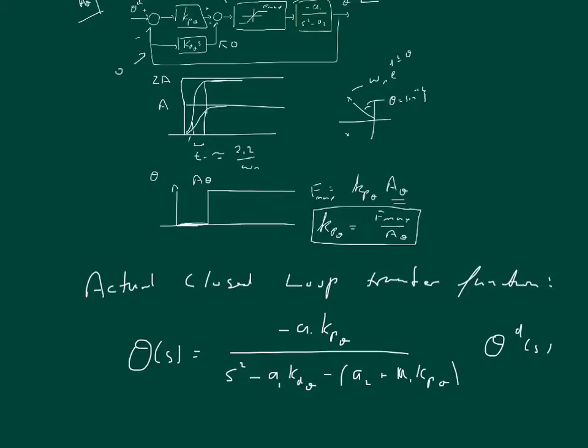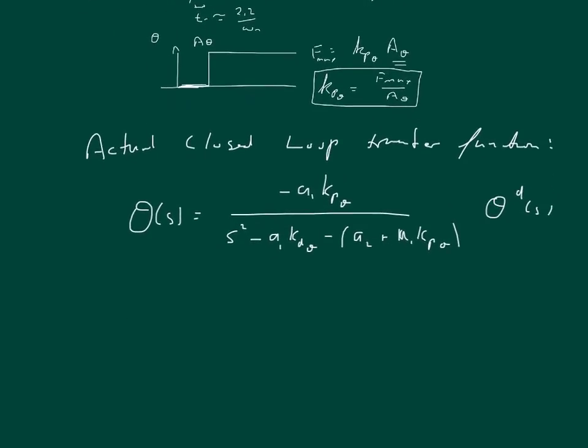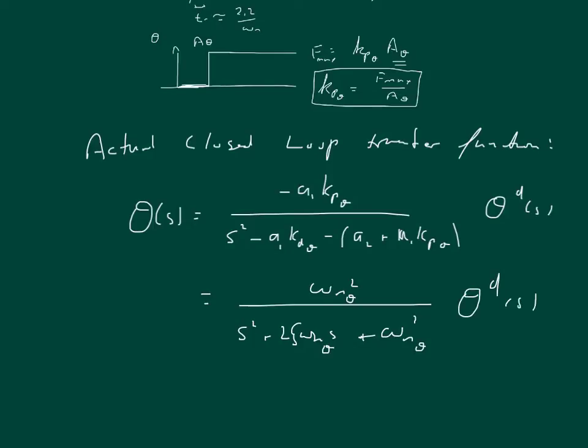So this is the actual transfer function, and then the idea is to set this equal to the desired closed loop transfer function. I'm going to append this with a theta, noting that this is for the inner loop subsystem.